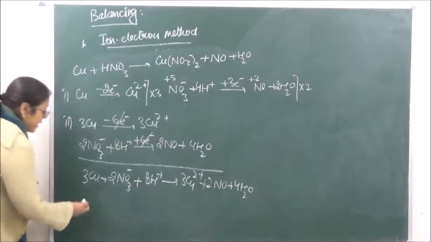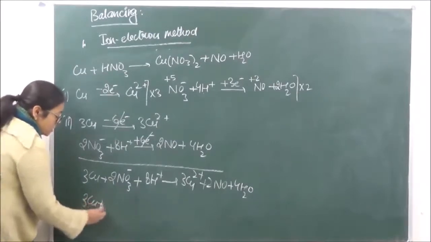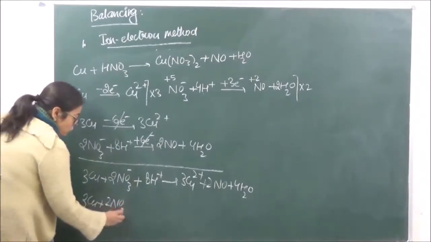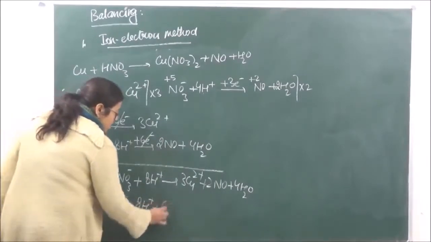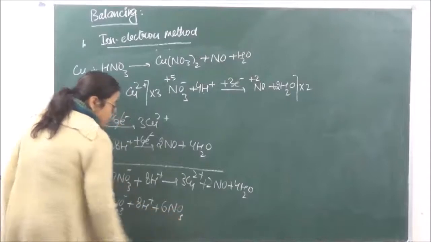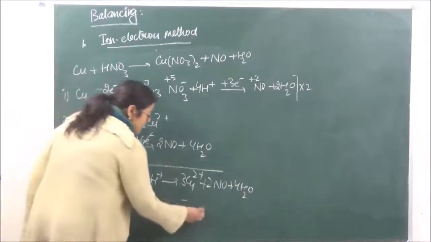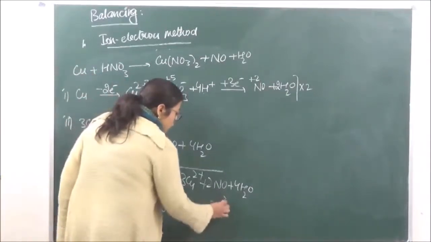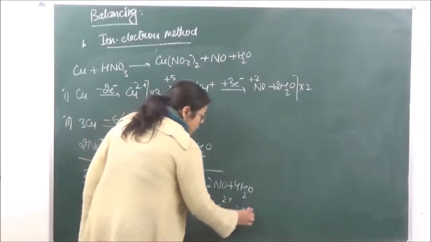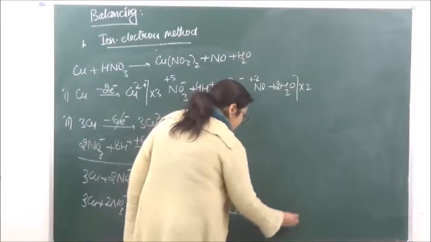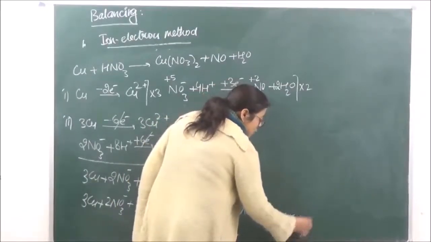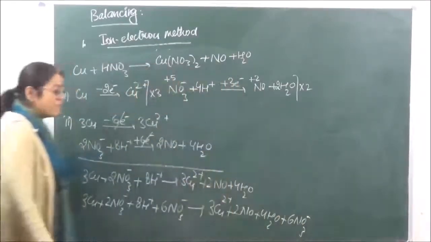So our ionic reaction is going to be 3Cu plus 2NO3 negative plus 8H positive plus 6 nitrate ions to give us 3Cu2 positive plus 2NO plus 4H2O plus 6NO3 negative. So both sides we have added this.